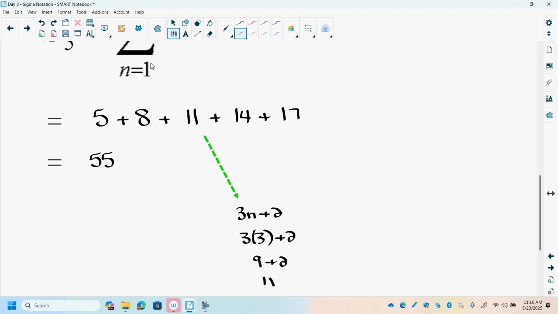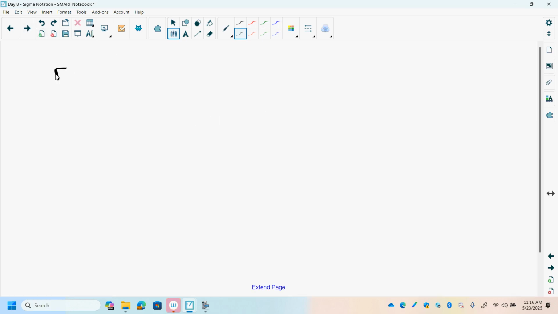Start at 1, stop at 5. Doesn't have to start at 1 and stop at 5. Doesn't always have to be 1 on the bottom for these types of questions. If I said find the sum, and I said n equals 3 to, let's say 7.